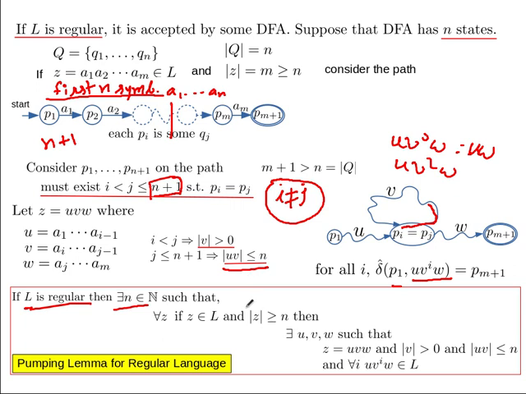Since we already defined pumping, what does it say? That if a language is regular, then there exists some n such that all strings in that language of length at least n can be pumped. So this whole complicated thing here is saying that this Z can be pumped.